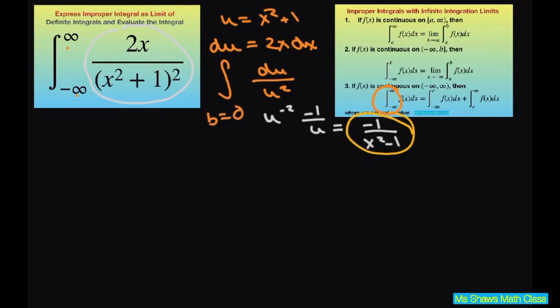So when you write this out, we're going to write it as the limit as b approaches negative infinity, and we're going from b to 0.